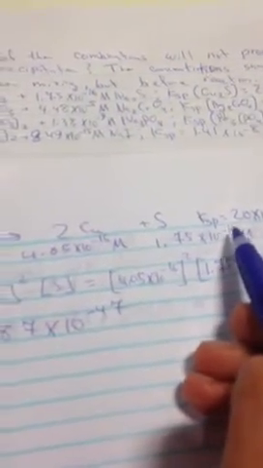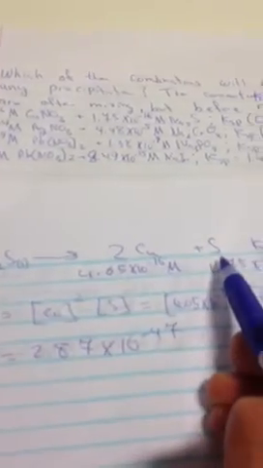Since 2.87 is larger than the equilibrium, it means you have to have less. The reaction needs to go to the left, because we have too much product, right? We multiply the concentrations and get 2.87, and it's bigger than the equilibrium. So this reaction is going to move to the left to decrease the concentrations.